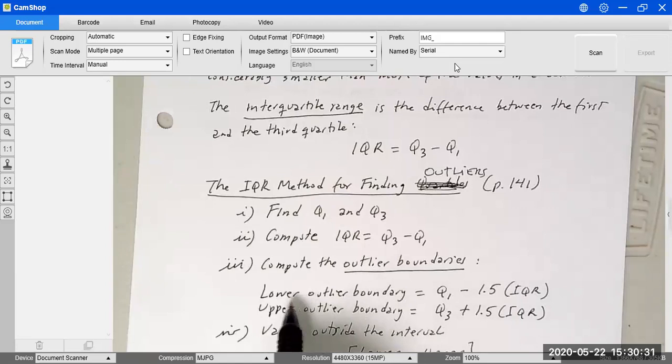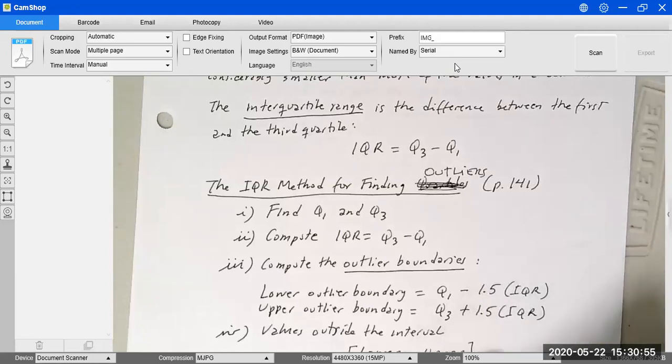The lower outlier boundary is computed by subtracting 1.5 times the interquartile range from the first quartile, and the upper outlier boundary is obtained by adding 1.5 times the interquartile range to the third quartile.